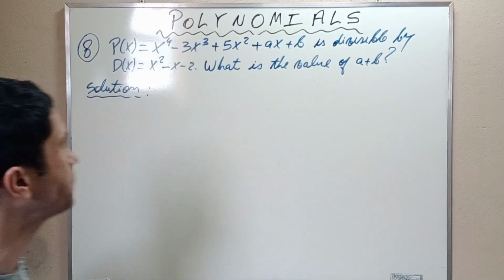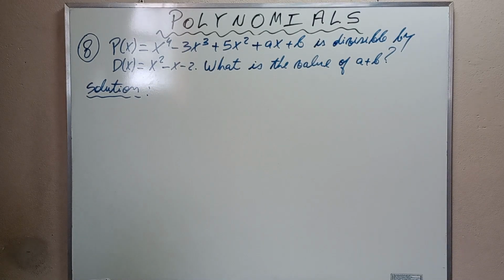Exercise number 8. If P of x is divisible by D of x, what is the value of A plus B? Alright, my friends, this is exercise 8. And we are going to proceed as we did previously. Okay? The idea is this.